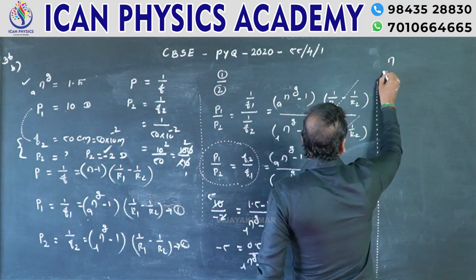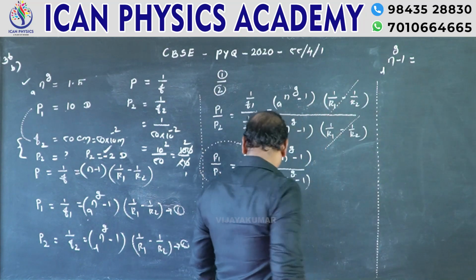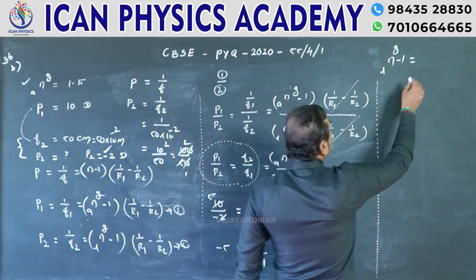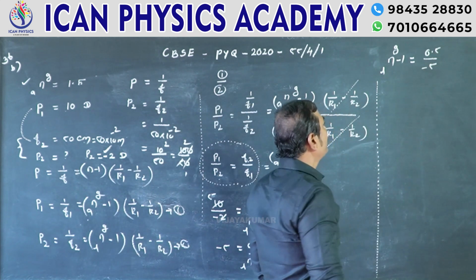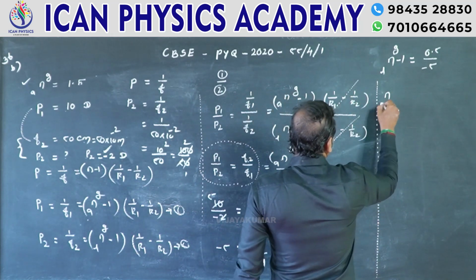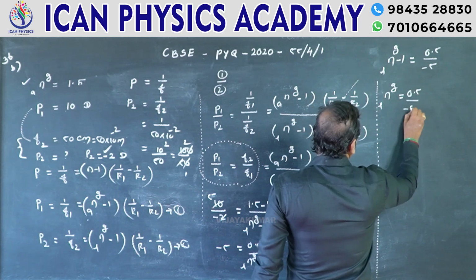So the refractive index of liquid with respect to glass minus 1, that is equal to, now the multiplication value comes to this side as division. So 0.5 divided by minus 5. The minus 1 goes to the right side as plus 1. So the refractive index equal to 0.5 divided by minus 5 plus 1.